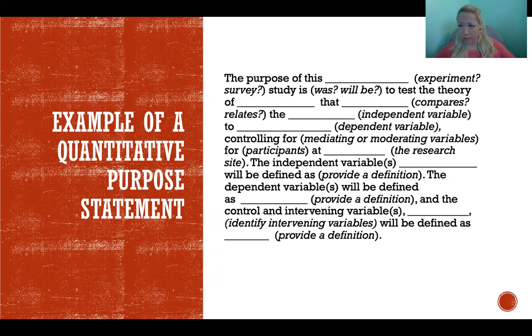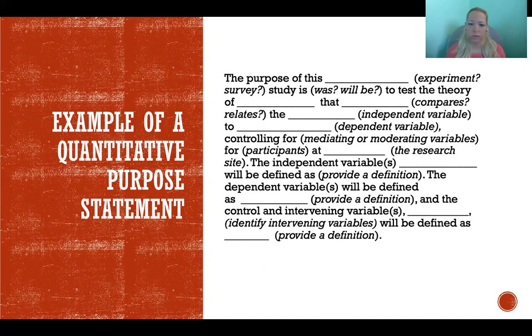For participants, whoever those are, describe what those participants are like, or what the delimitations are for those participants at whatever is the research site. And then the independent variables blank will be defined as, and you give a definition. The dependent variables will be defined as, give a definition. And the control and intervening variables blank.